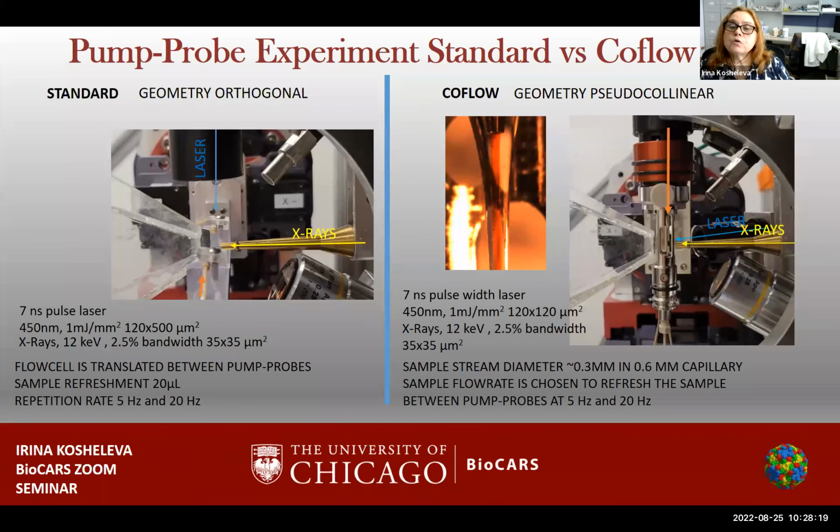In the standard geometry, we used laser illumination from above, and this is the colorimeter with X-rays. This is the standard flow cell, which is scanned across the beam.